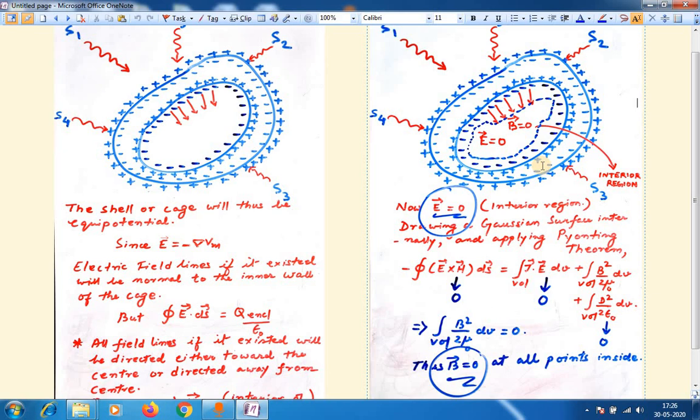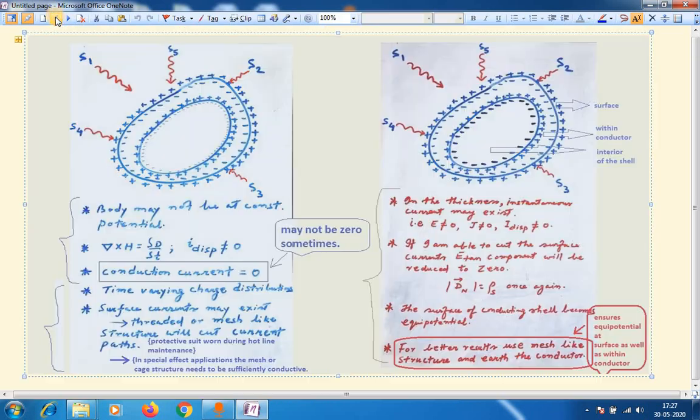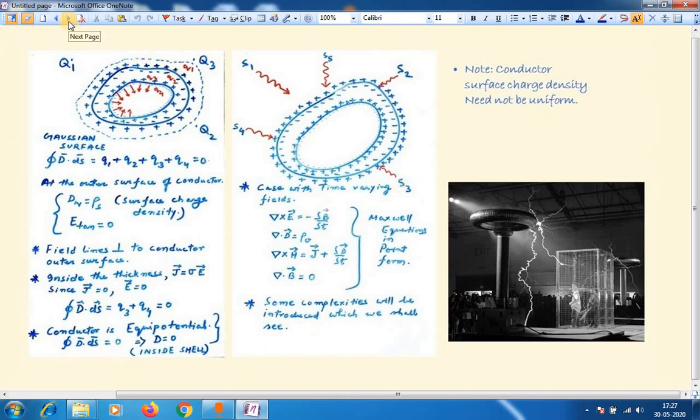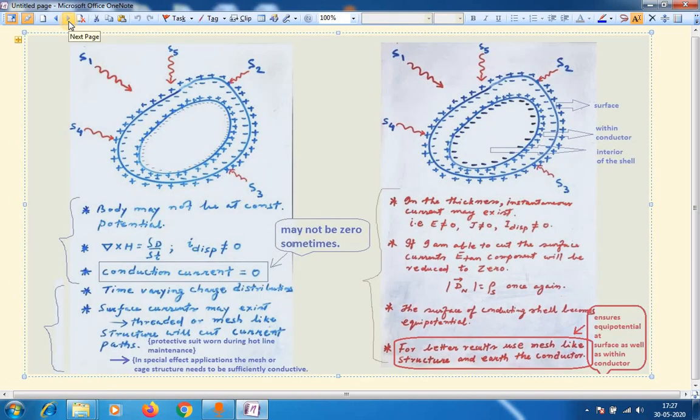So for a perfect neutralization of electromagnetic fields, we have to ensure that in the application of, say, the Tesla coil of death, Tesla cage of death, I should say, which I've already shown here, it has to be in the form of a cage with a very highly conductive material like copper, right?